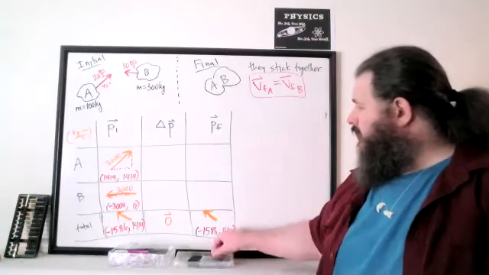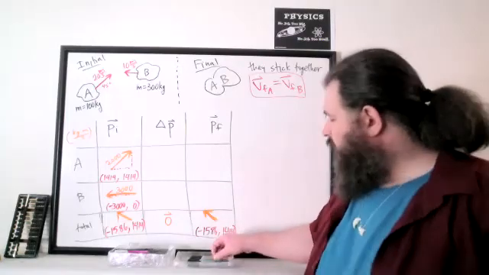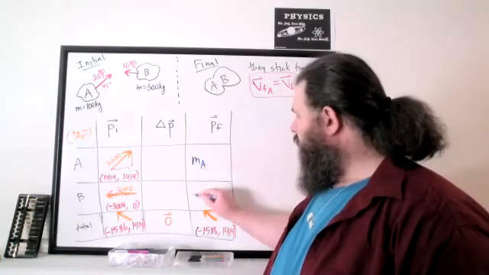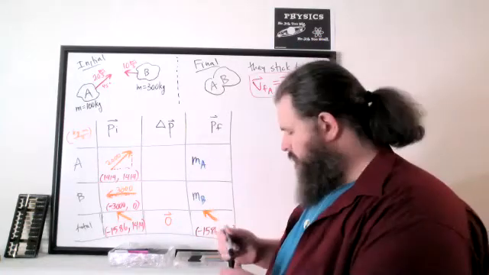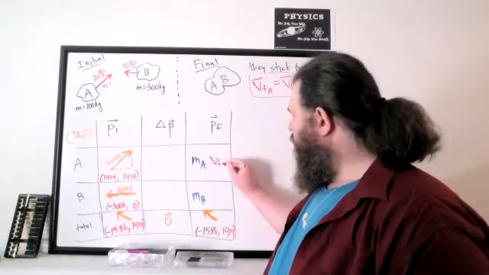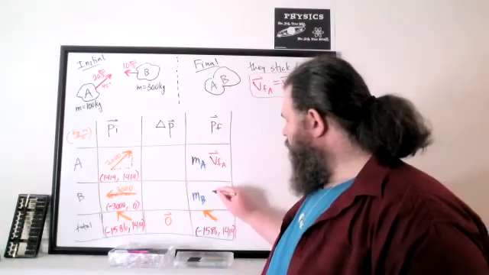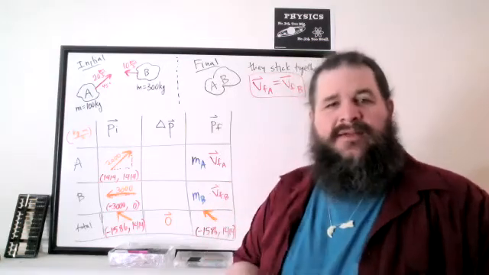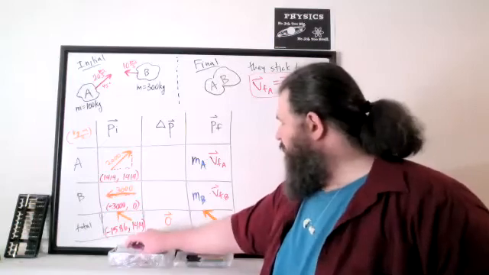And so even though we don't know what these values are, we can write each one of those out as a mass times velocity. Mass A and mass B times V final A and V final B. But again, since we have the same final velocity, we don't need to label that with a subscript.